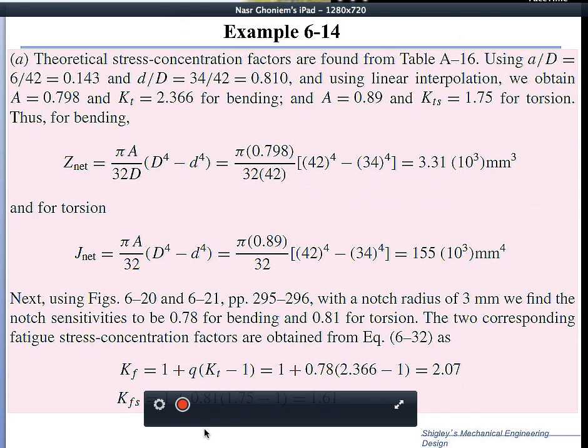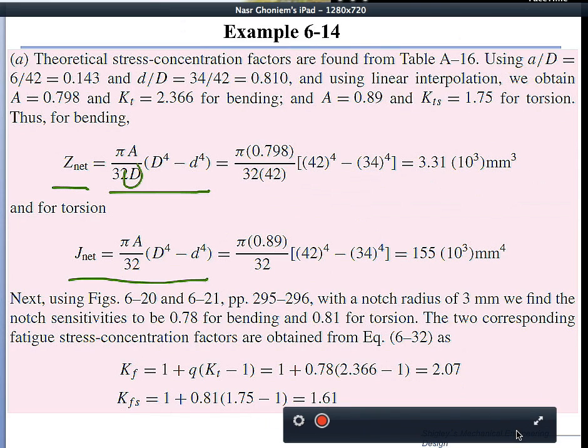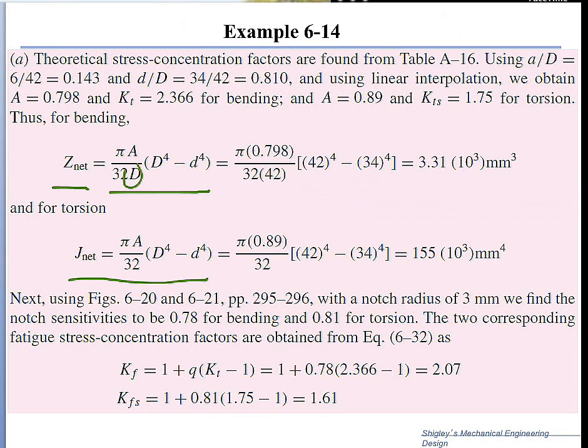So we got the sectional modulus from the second moment of area divided by half of the outside diameter, so you have the D down here. And then we also have the second polar moment of area that we have obtained, which is the difference between the outside minus the inside. Therefore we have these numbers, and we're able now to compute the stress.